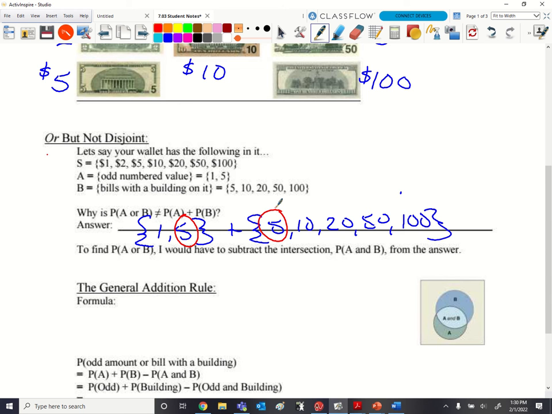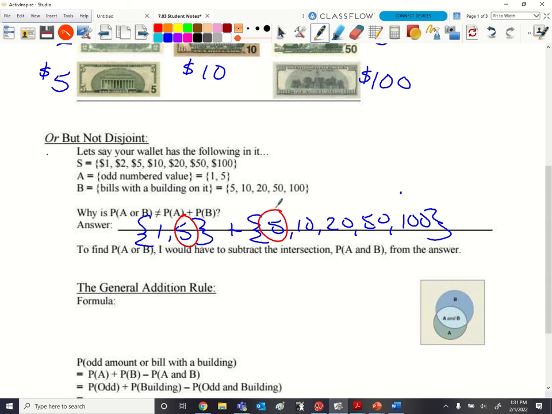Is it in both sets? Yes. So we can't just add together two sets if they are intersecting. There are numbers that are in both sets. That's called the intersection of those.